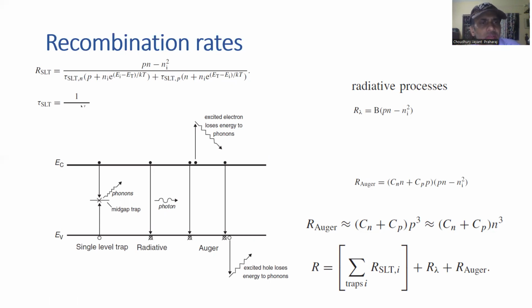Then we have various non-radiative recombinations: on the left, the Shockley-Read-Hall type of recombination, which is mediated by defects in these materials, and we also have a 3-carrier dependence for the Auger mechanism of recombination.